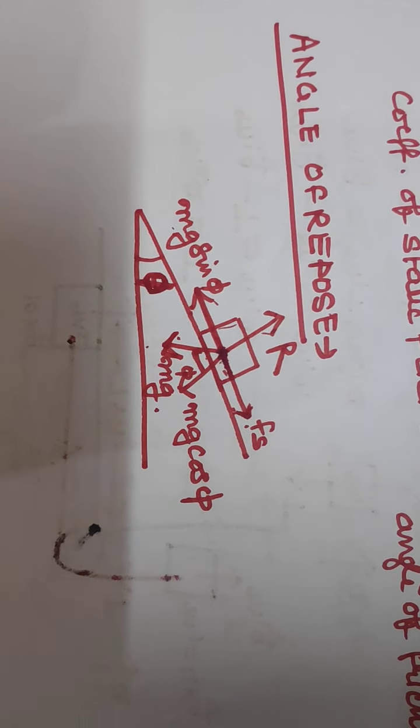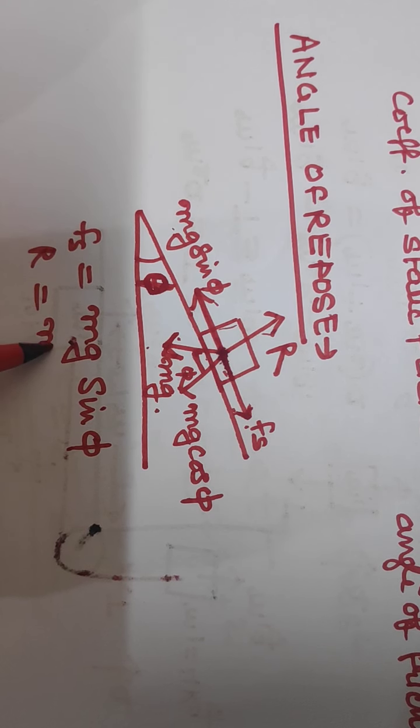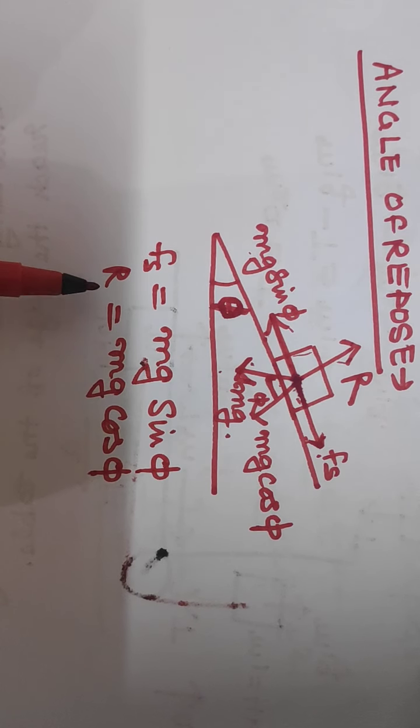Okay, so what happens in the balance condition? Fs equal to mg sin phi and R equal to mg cos phi. Fs equal to mg sin phi, R equal to mg cos phi.